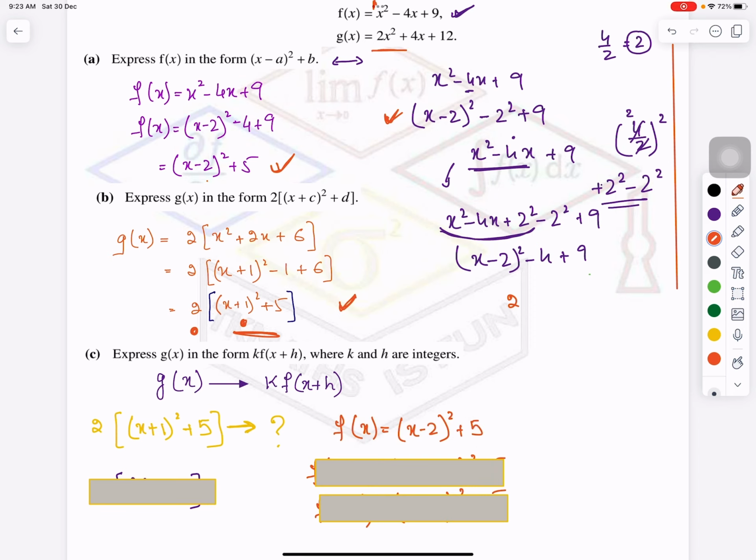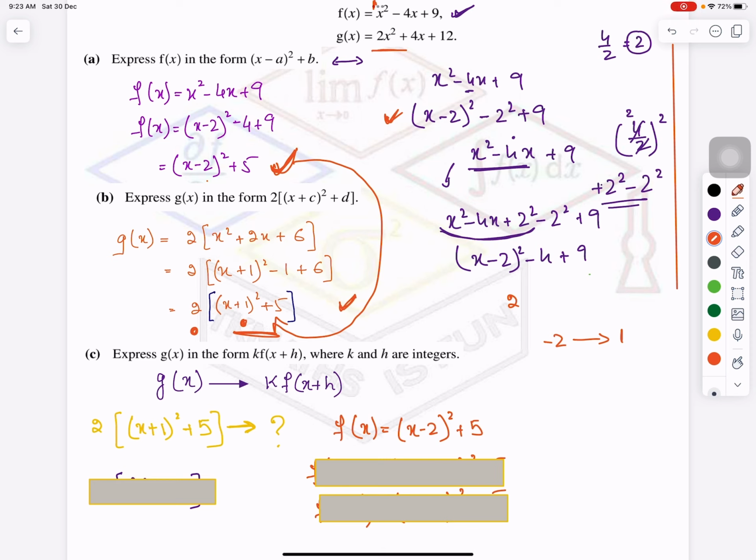I have to change function f, something I have to do here, so that it looks like this. How can you change minus 2 to plus 1? Can you tell me? You will do the basic mental maths. I have to change minus 2 to plus 1.